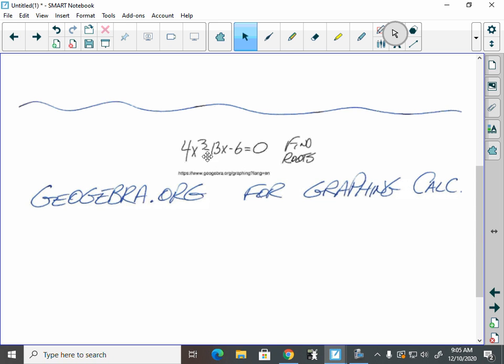If we have a problem on the exam that looks like this, where you can't factor it and find the roots, I have a link right here, geogebra.org, for a graphing calculator. Please work. Okay, I can deal with it.